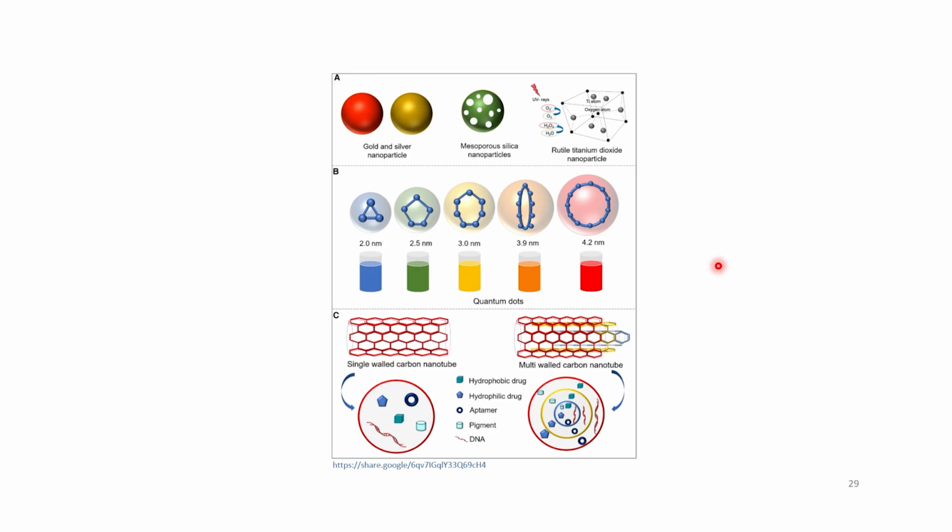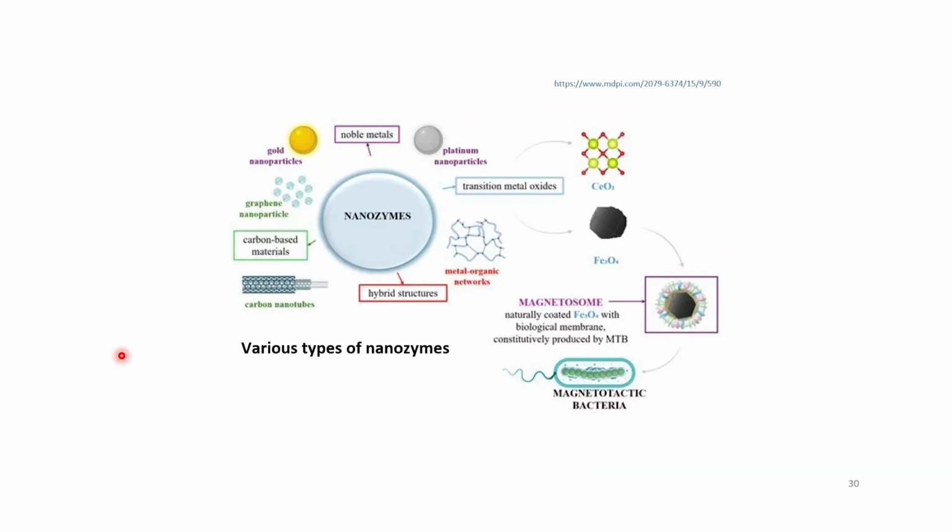Like there are 3 atoms. These are various types of nanozymes. Nanozymes are again engineered nanomaterials. So these are like natural enzymes. You create nanozymes. Certain nanomaterials act like enzymes. Like carbon dots, they mimic the hydrogen peroxidase activity of horseradish peroxidase enzyme.